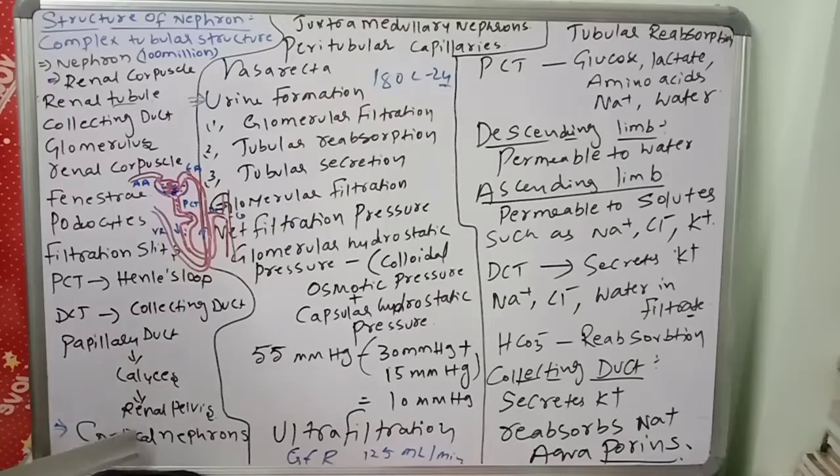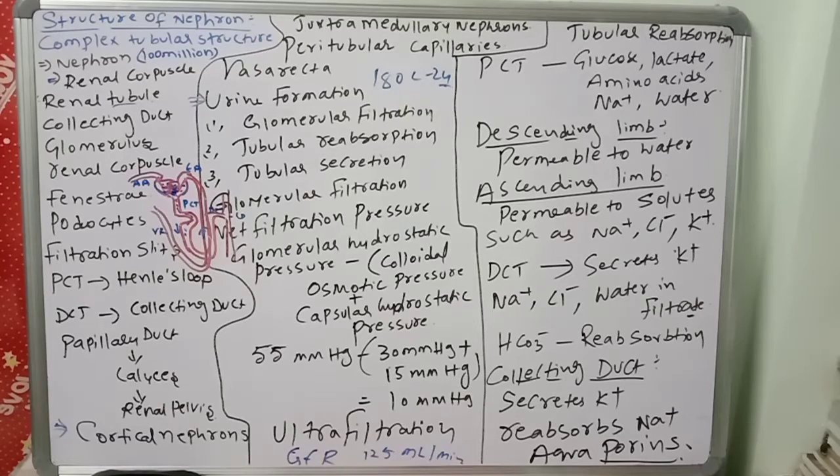There are two types of nephrons, cortical nephrons and juxtamedullary nephrons. In cortical nephrons, Henle's loop lies only in the cortex region, with only a little bit in the medulla.